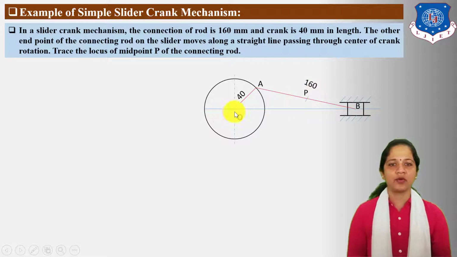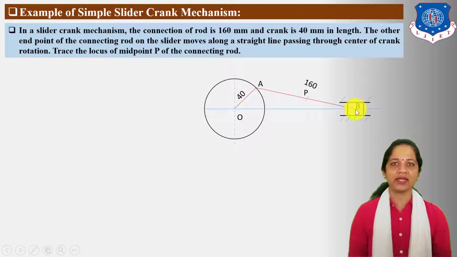Here you can see OA indicates the crank. Now this circle is the locus of point A, which is a moving point from fixed point O. Now this point B indicates the slider, and the motion of this slider is sliding on this horizontal path, which is passing through center O. AB indicates the connecting rod, which connects crank and slider.